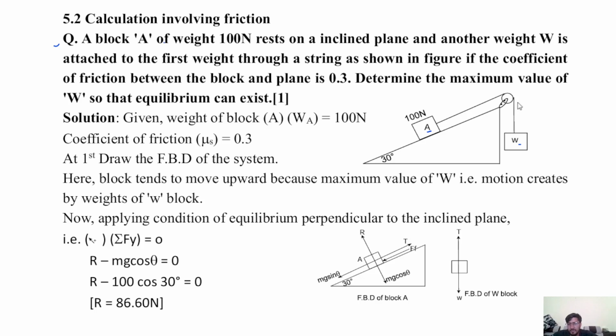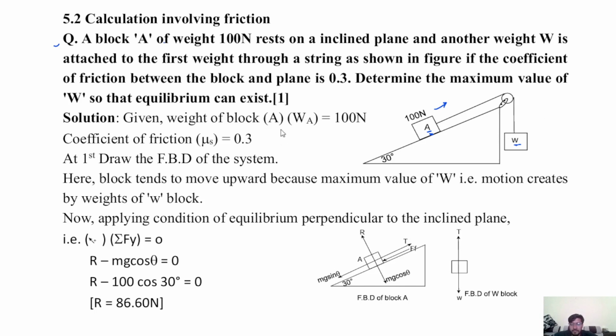If the coefficient of friction between block A and the plane is 0.3, determine the maximum value of W so that equilibrium can exist. If this weight is increased, block A shifts rightward. So the maximum value of W so that equilibrium can exist means no movement, there is existence of static conditions.